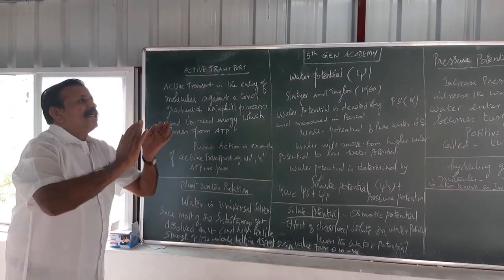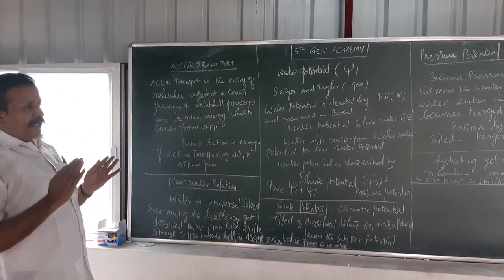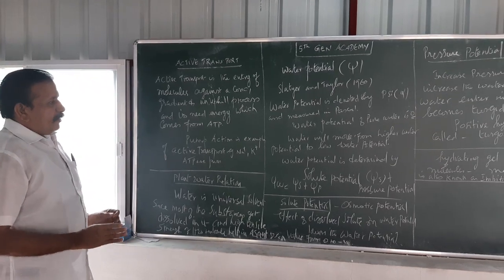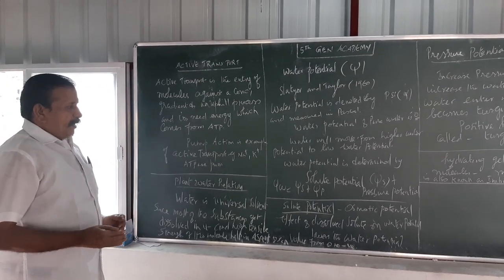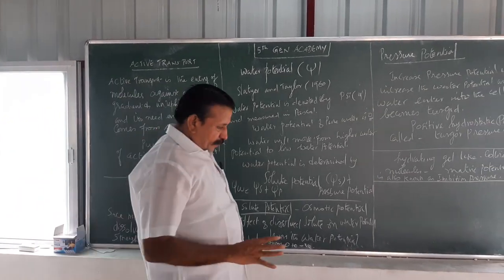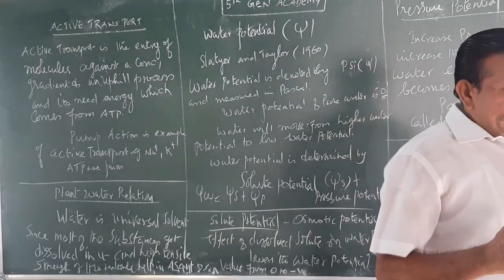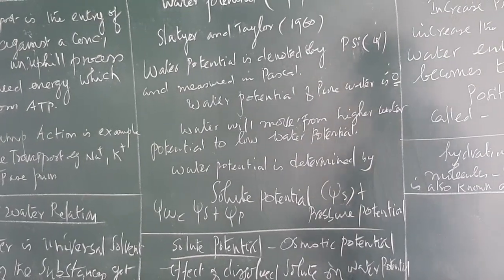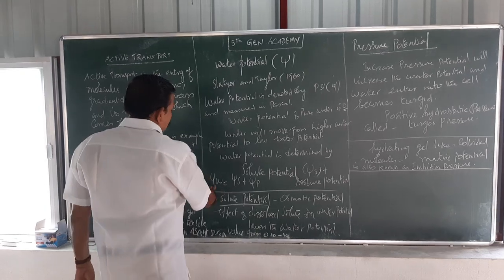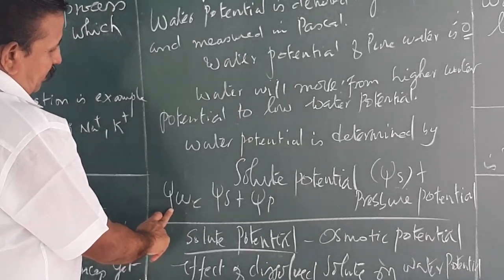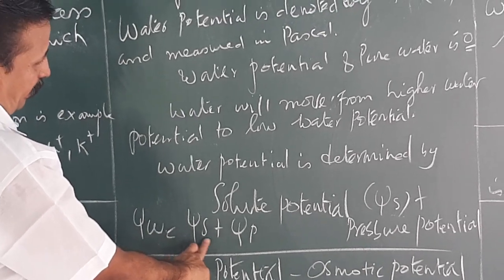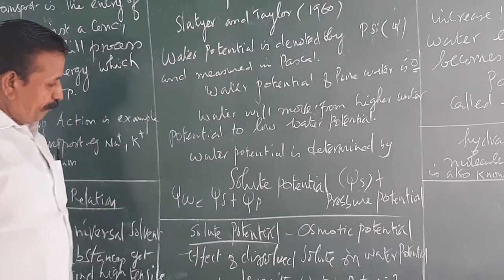How do we determine the water potential of a solution? The water potential is determined by solute potential plus pressure potential. So the symbol: water potential equals solute potential plus pressure potential.